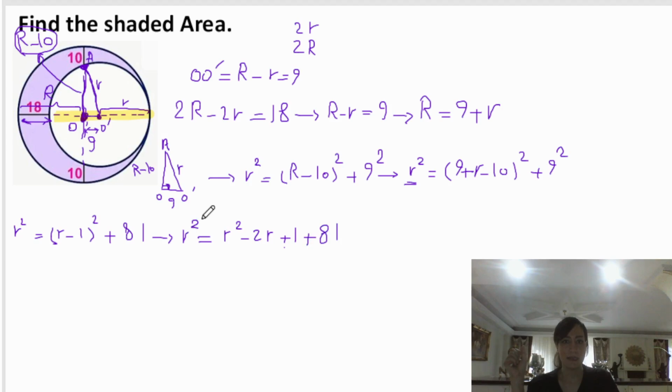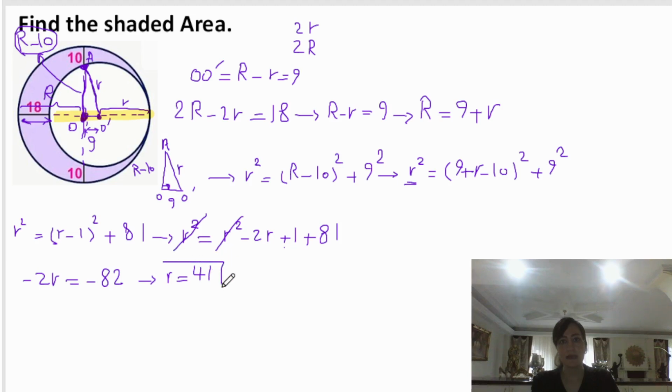I can cancel out this r squared and r squared, and I will have negative 2r equals negative 82. To isolate r, both sides divided by 2, so I get r equals 41.